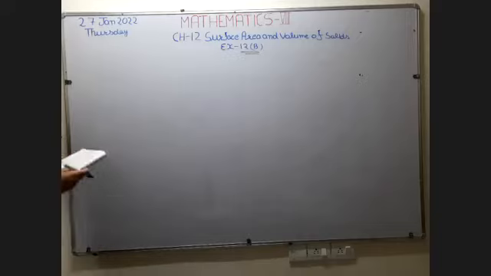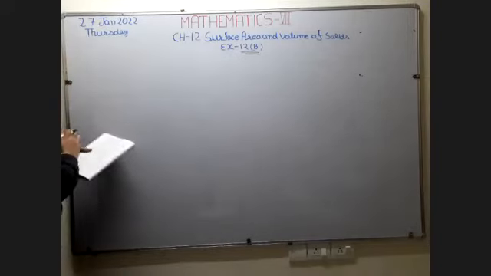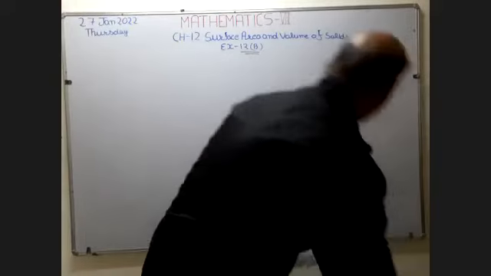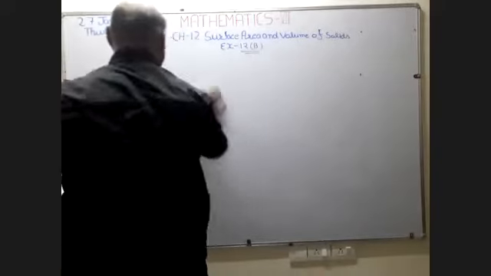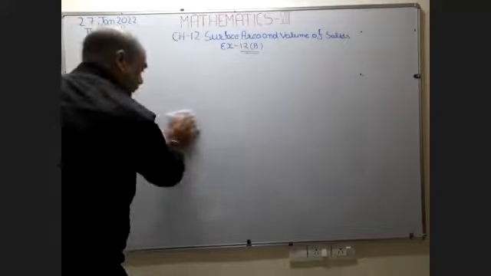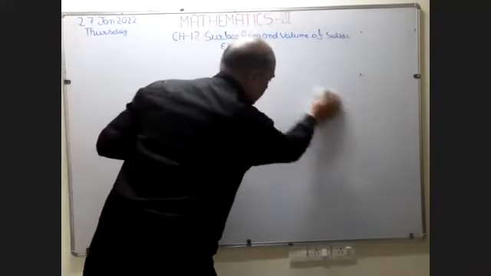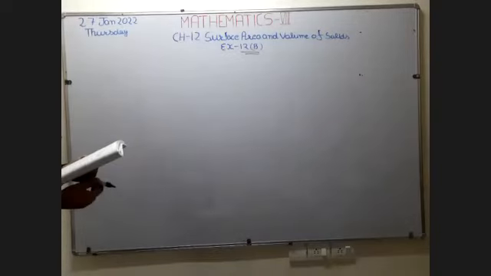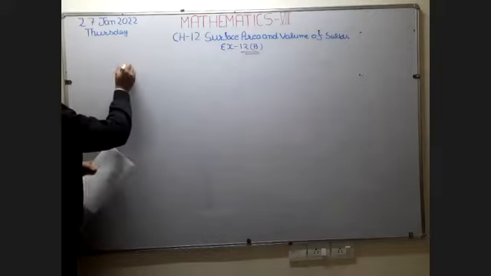What is given? Read the statement from your book, beta, fast. What is given in question number 12? The radius and height of the cylinder are in the ratio 4:7. So draw one figure of a cylinder.